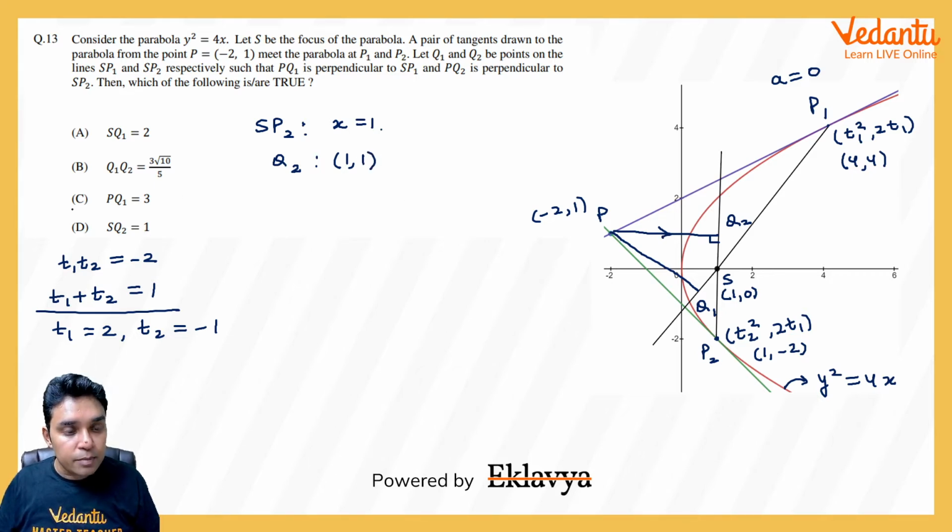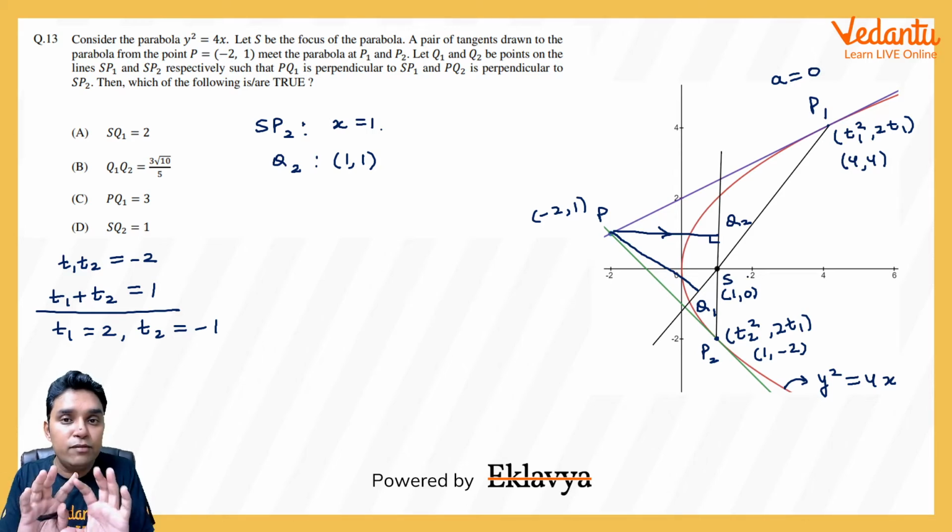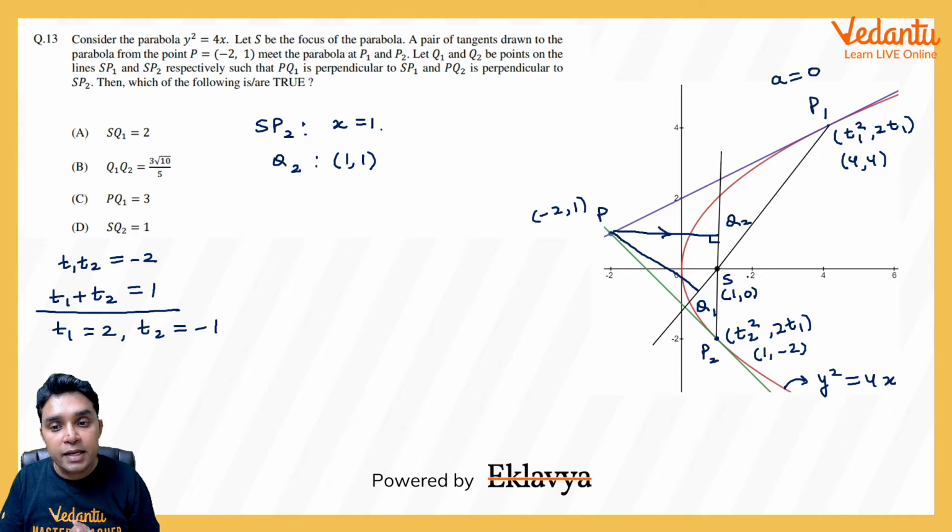Now they have asked PQ1. But dear all, I will give one logic here for why PQ1 and PQ2 should be the same. One of the logics is that they have not mentioned which P1 should be taken and which P2 should be taken. So if I would have taken the opposite, then I think Q1 will be in the first quadrant and Q2 will be in the fourth quadrant.